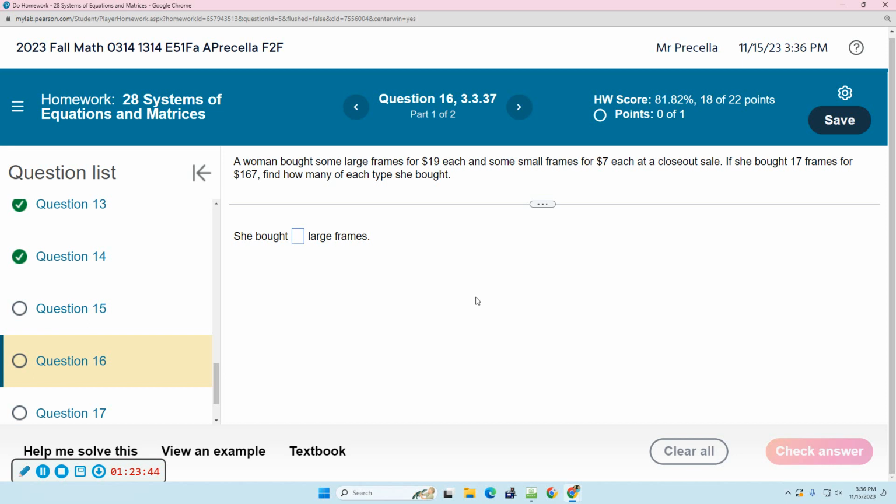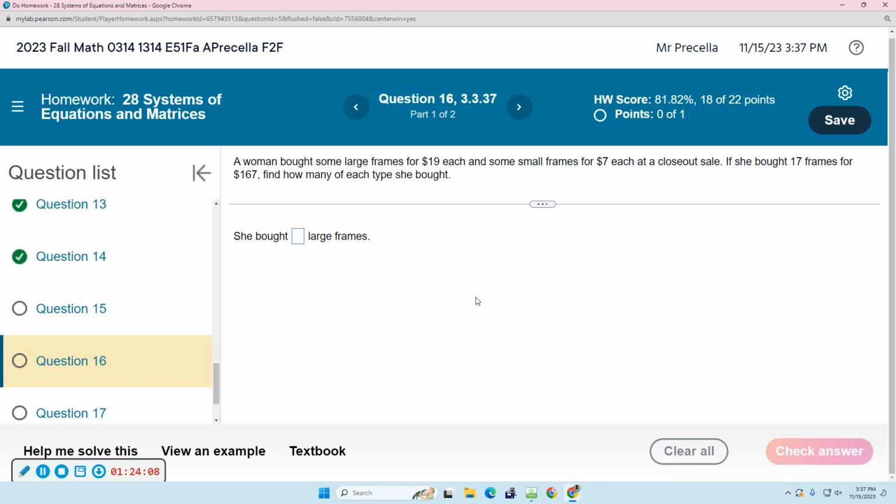When doing these word problems, you're going to have to summarize the problem. The first thing I ask myself when I'm looking through this problem is, what are the unknowns? What are we trying to find? And notice how we keep going back and rereading the problem.